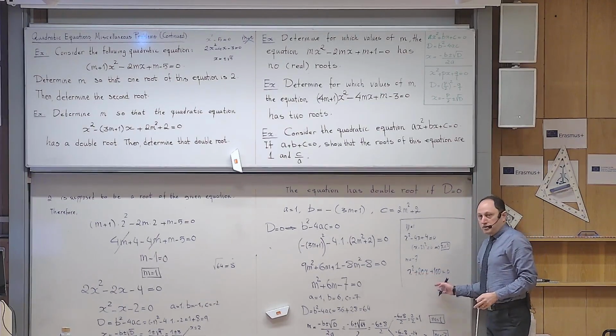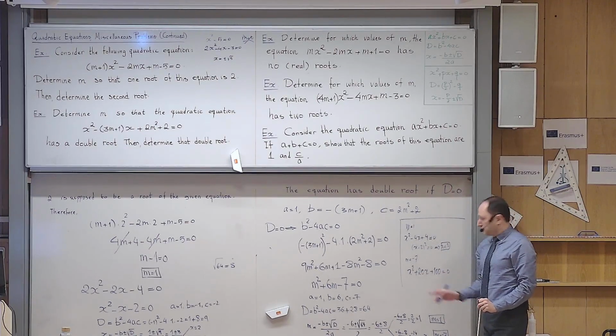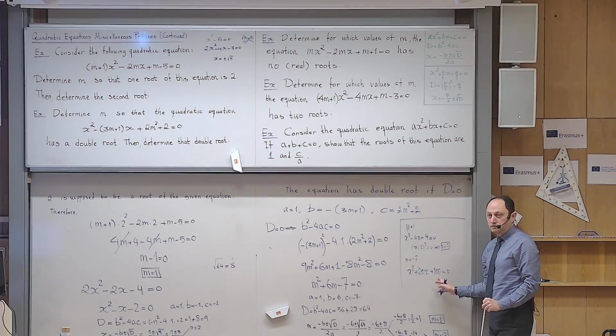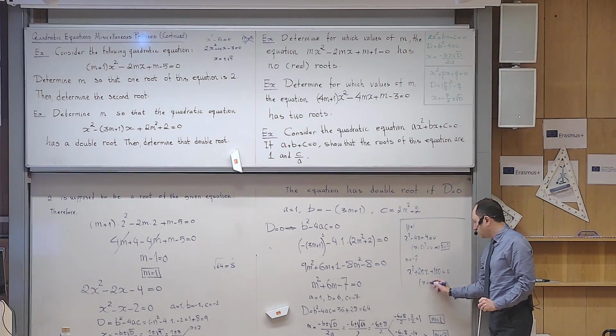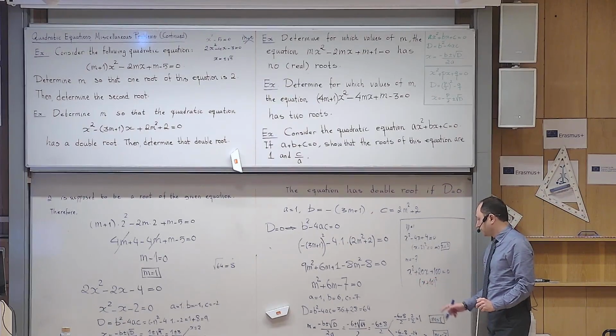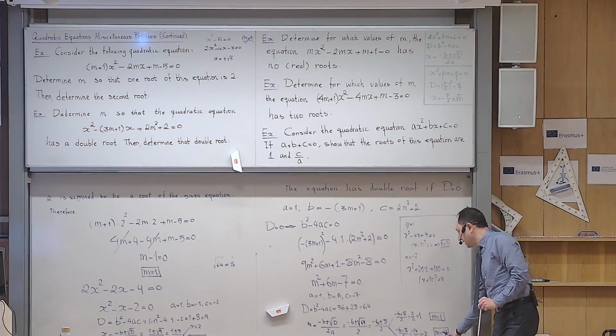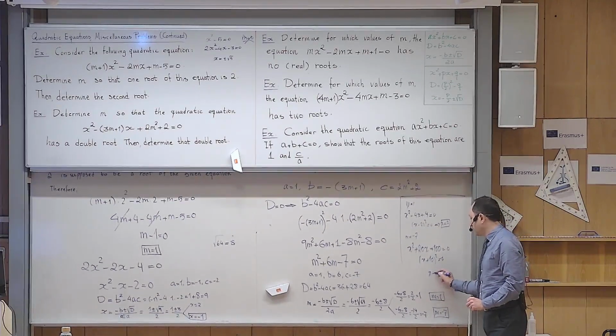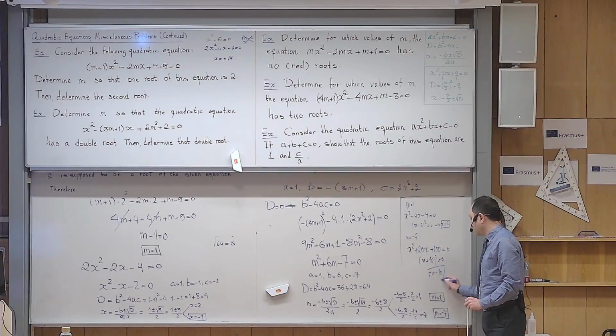If you recognize the pattern, you can do it faster. If you don't recognize the pattern, you can use the formula. But can you recognize the pattern here? This is (x plus 10) to the power 2. Why? The first one is squared, 2 times the first one times the second one, and the second one is squared. So this is 0. It means what? X is, as predicted by GeoGebra, -10.